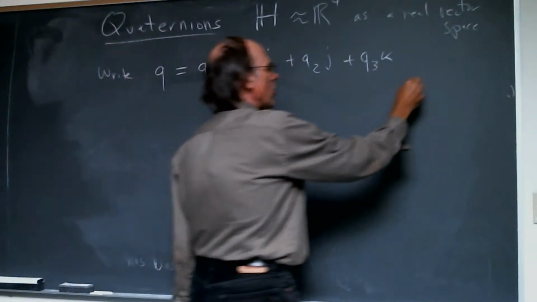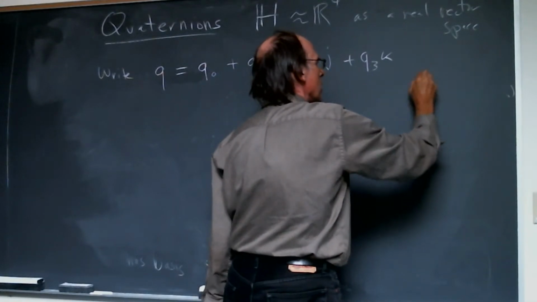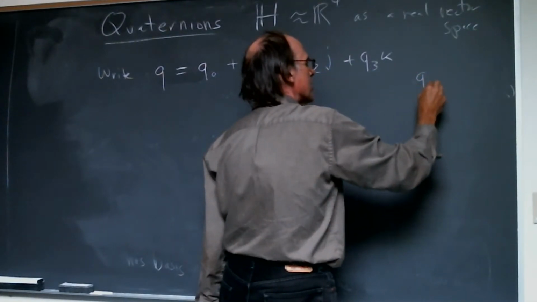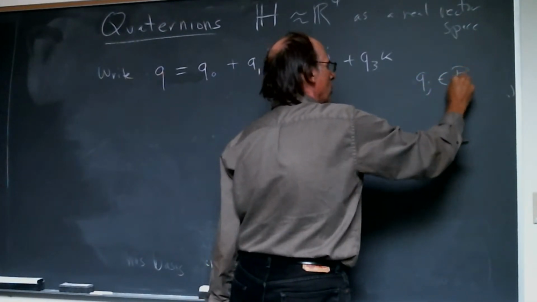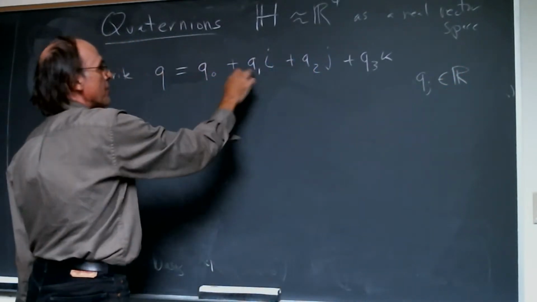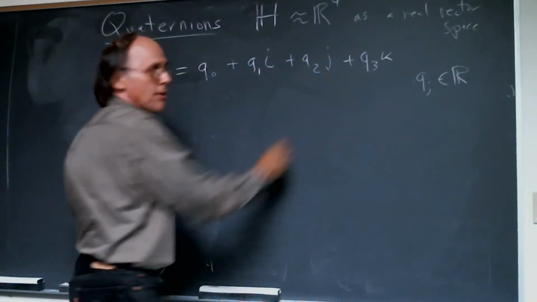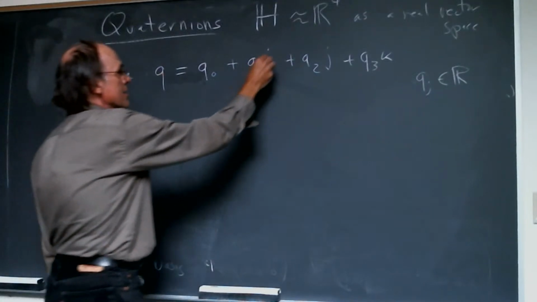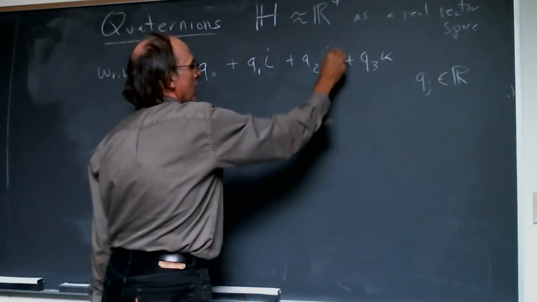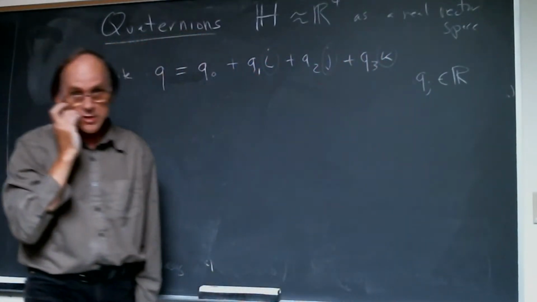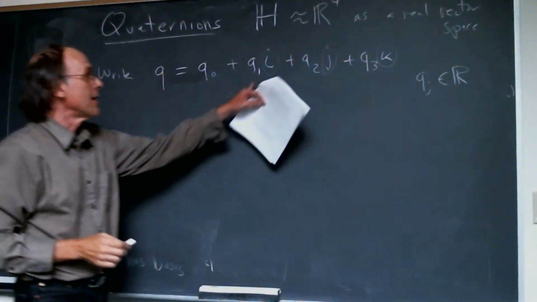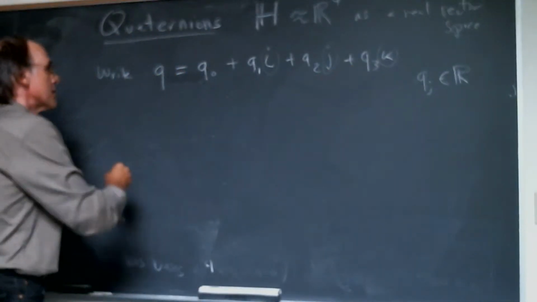So all the q's are real numbers. These are four real numbers, and these symbols are new symbols. They're playing the role of the square root of -1, but they satisfy some more interesting relations.